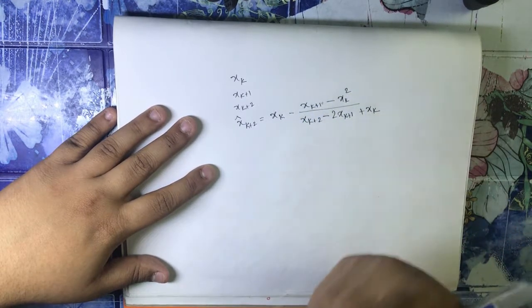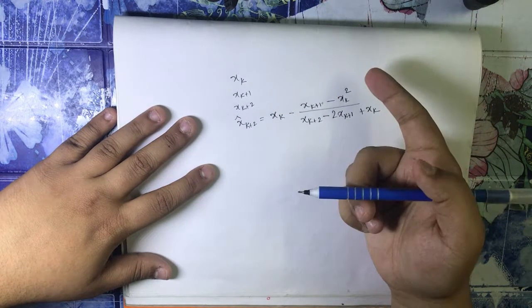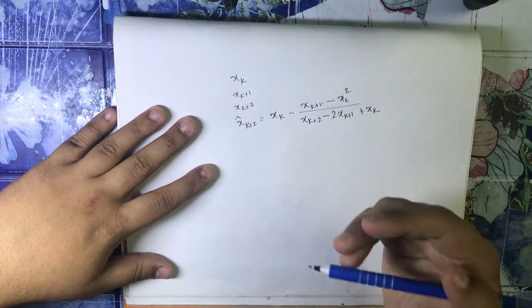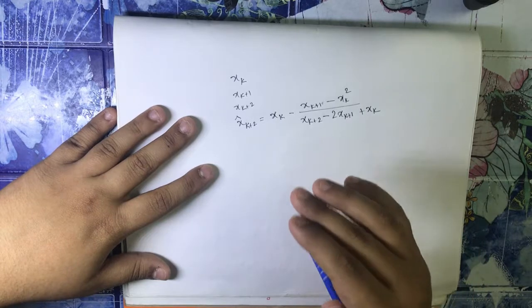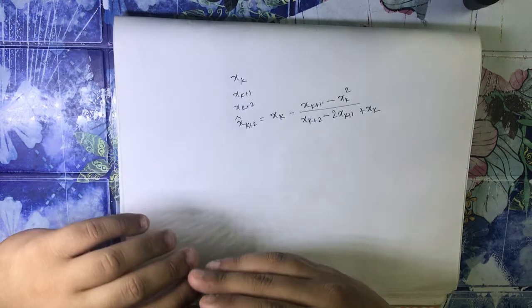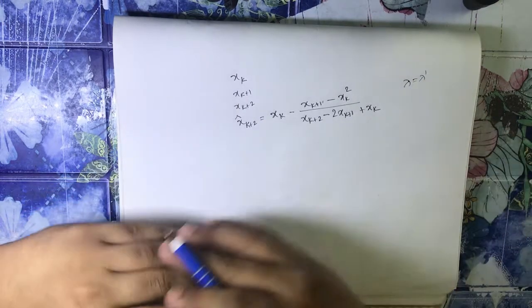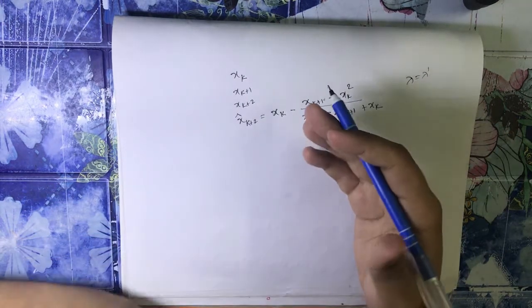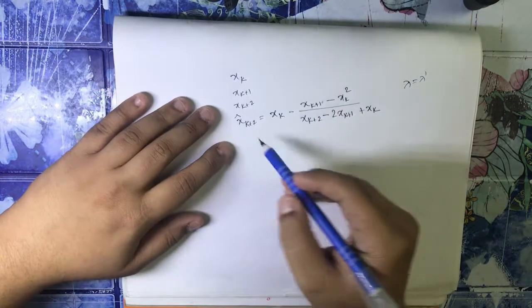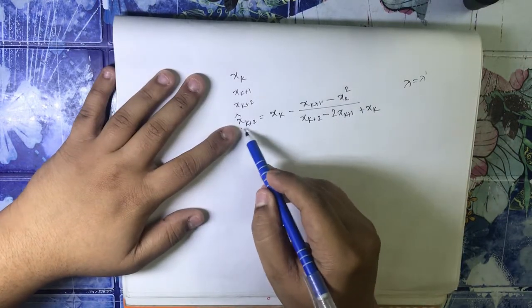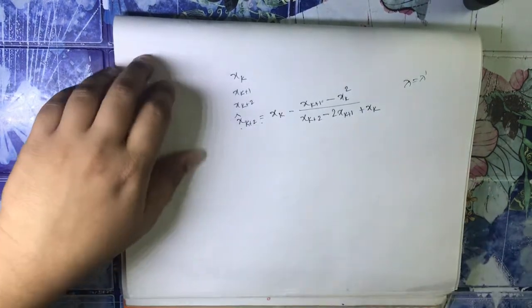We used this formula for the root in the previous step where I derived the formula, but I said that doesn't give me the exact root. We're basically assuming that lambda is equal to lambda prime, and we are making a big jump. All right. So this is how we calculate xk plus 2 hat.